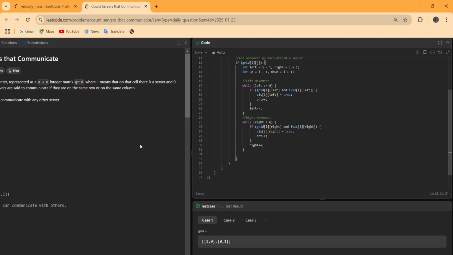Now the up movement. We have to take care that the up pointer should always be greater than or equal to 0, because moving in the upward direction will eventually lead us outside of the matrix. So we have to take care of that.